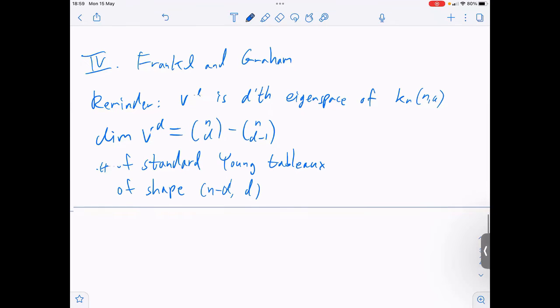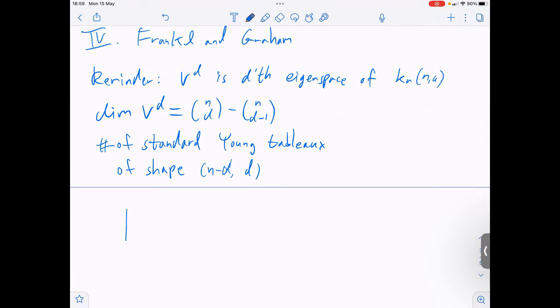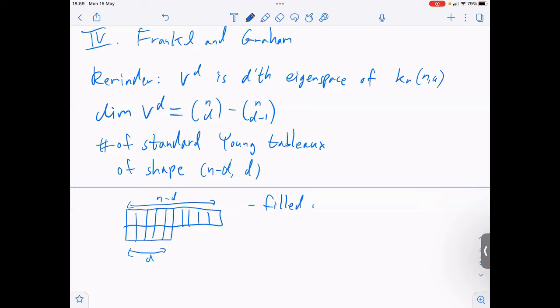Okay, so what does this mean? Here's the Young tableau. It looks something like this. This row has length n minus d, and this one has length d. It's filled with the numbers 1 up to n.